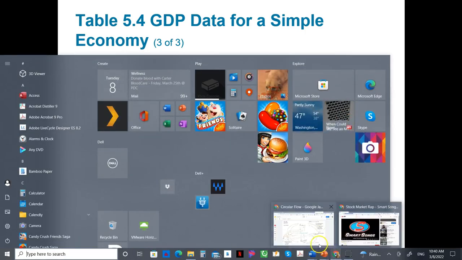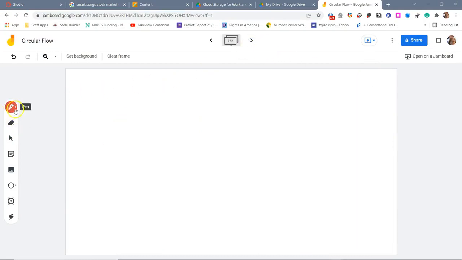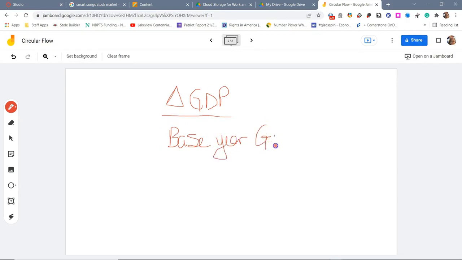So how can we see this in actual working? If we go back to our Jamboard, you need to understand this. If we're looking at a change in GDP divided by our base year GDP. Oops, sorry.